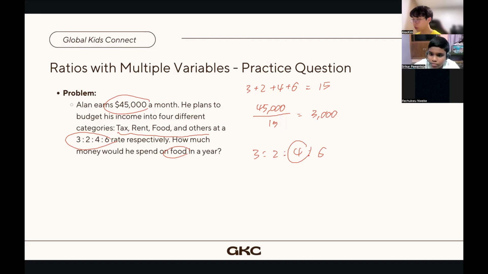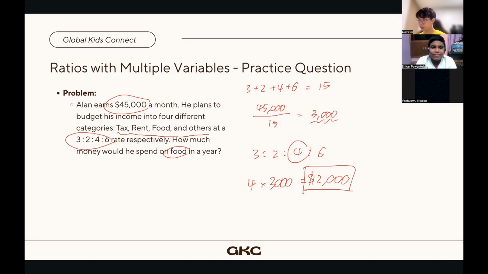We multiply the 3,000 that we got by 4, so 4 times 3,000 is $12,000. So the final answer would be that Alan would spend a total of $12,000 each year on food.